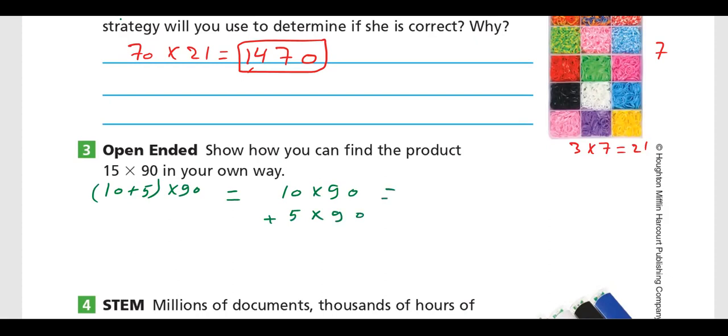So put two zeros, the 0 of 90 and the 0 of 10. 1 times 9 is 9. And this, put 0. And 5 times 9 is 45. Add them. So 0 plus 0 is 0. 0 plus 5 is 5. And 9 plus 4 is 13. So this is a possible answer.